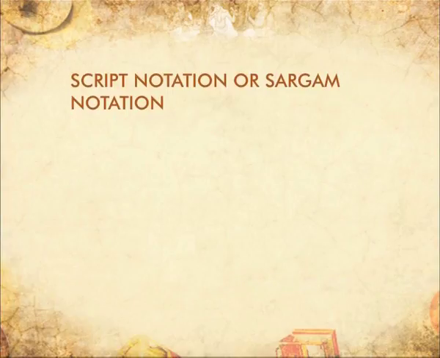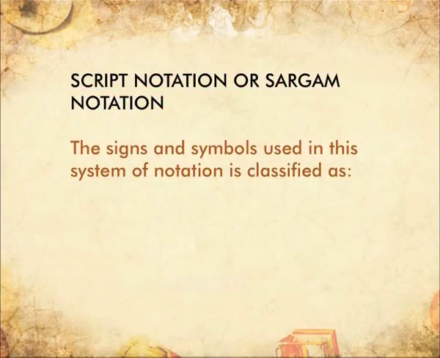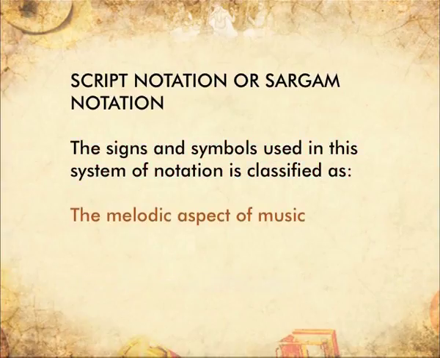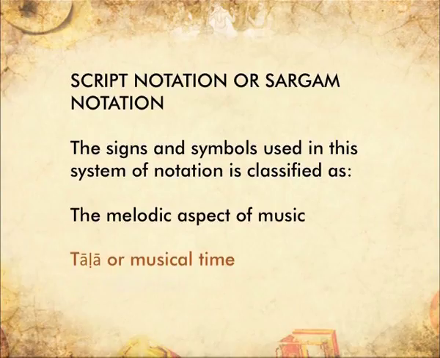Script notation or sargam notation. The signs and symbols used in this system of notation may be classified as follows: those which indicate the melodic aspect of music, tala or musical time, and other details.